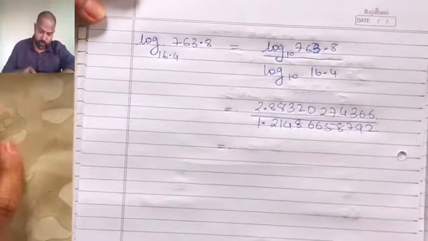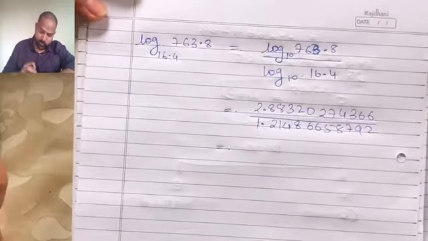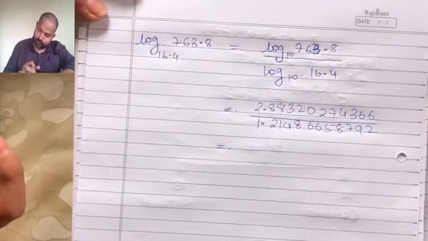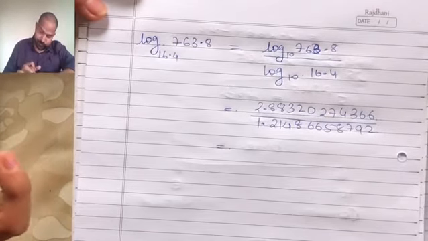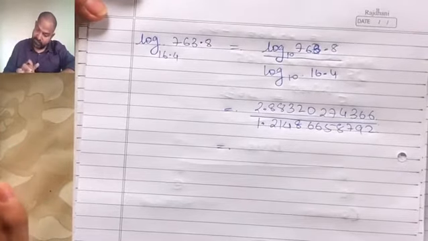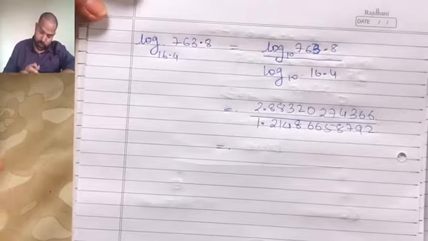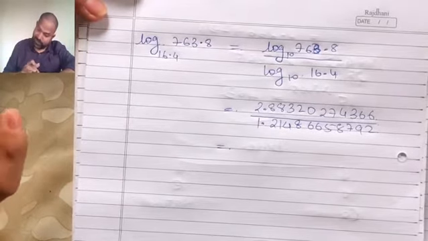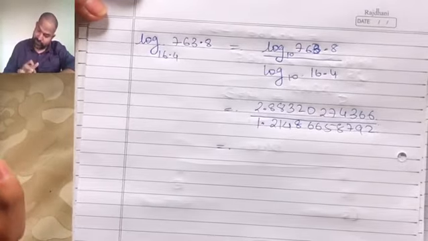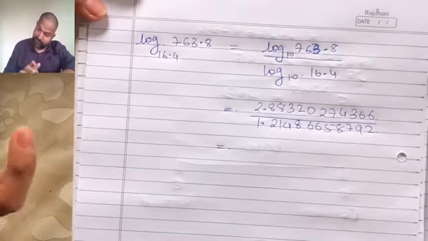I'm going to divide the two. I'm not showing you the division. I'm directly doing it. 2.88320274366 divided by 1.21486658792.